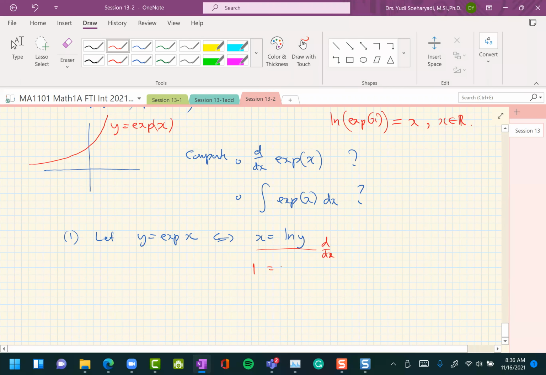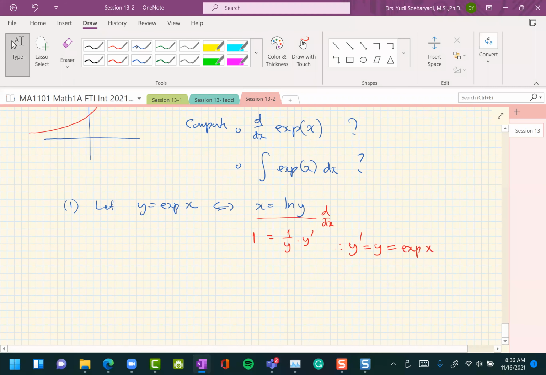Okay, because you use the chain rule to get 1 over y times y prime. So that means y prime is, it's the same thing. What is y? y again is exp x.